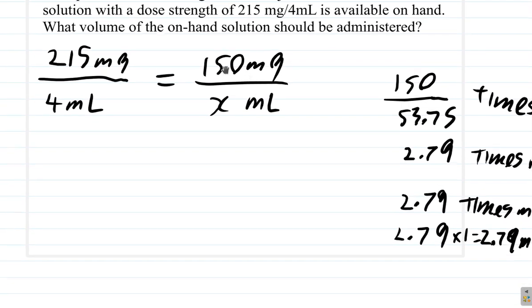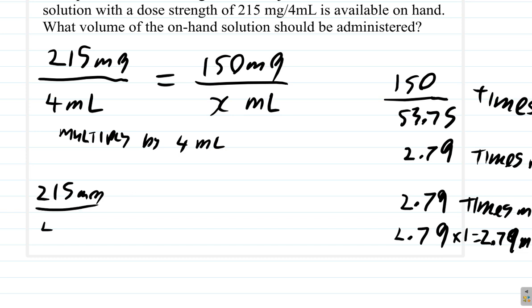This time, you multiply by 4 milliliters. You have 215 milligrams over 4 milliliters equals 150 milligrams out of X milliliters.